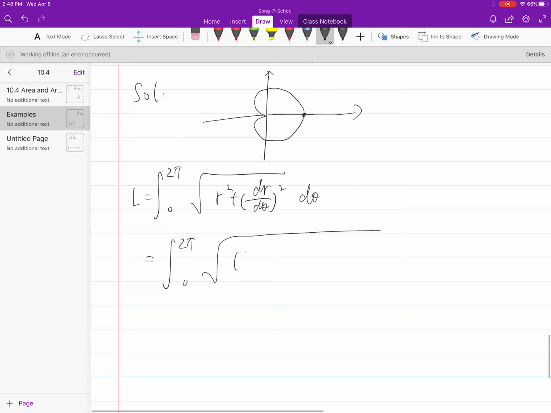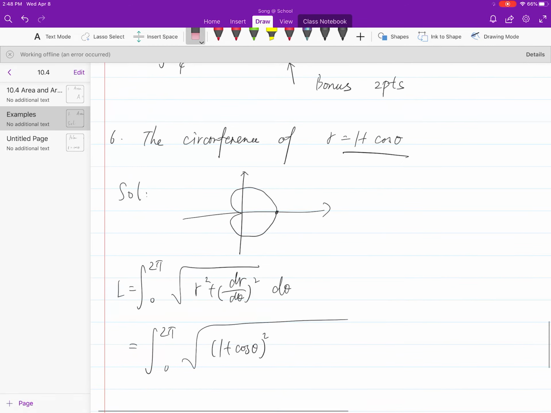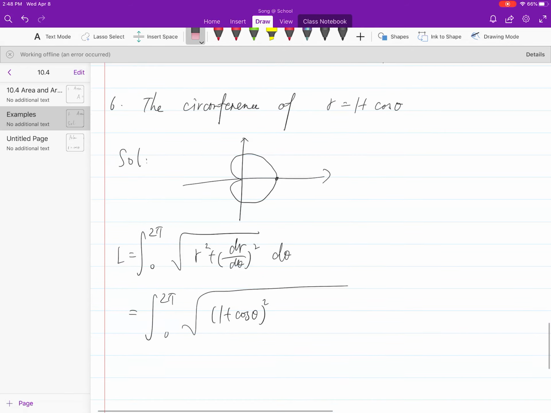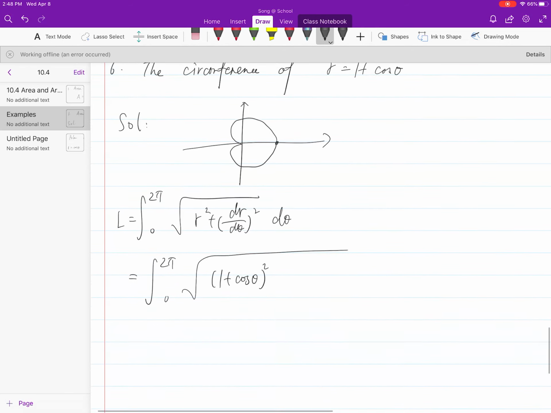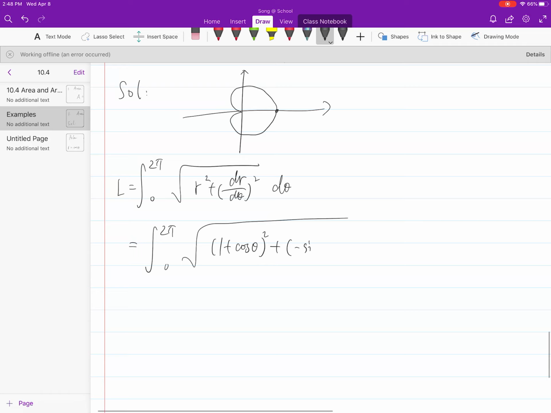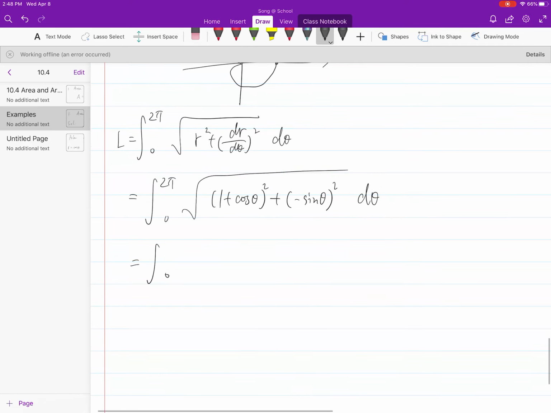Your r is given by that, so 1 plus cosine θ squared. Your dr over dθ is going to be the derivative of that, which is nothing but negative sine θ squared dθ. Let's see what we got.